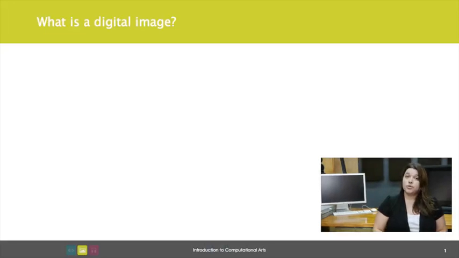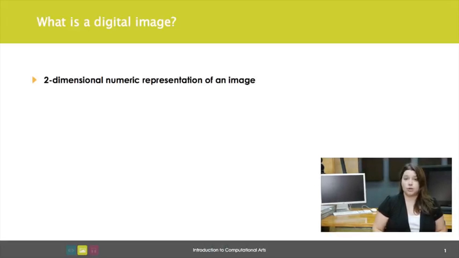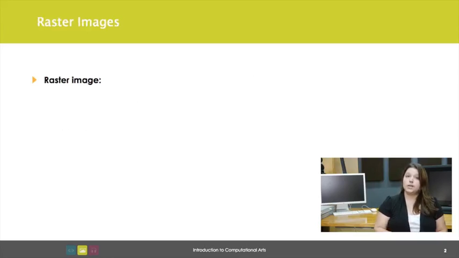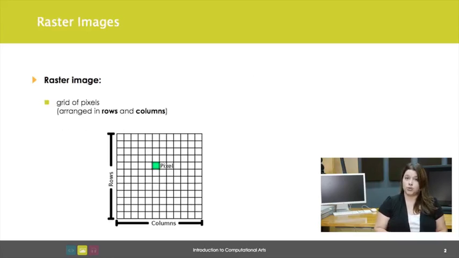First, it's important to understand that a digital image is a two-dimensional numeric representation of an image. An image could be a vector or a raster file. In this course, we will be working with raster images, which is how Photoshop and GIMP see images. A raster image is essentially a grid of pixels arranged in rows and columns.